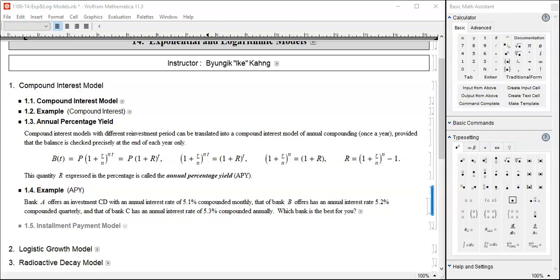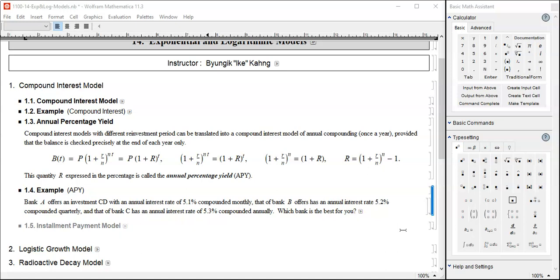Now, which bank gives you the best offer? That is the question. If you just look at the annual interest rate, 5.3% looks like the best. But as you saw before, if you compound more often, then money grows a little bit more quickly. So which is the best?